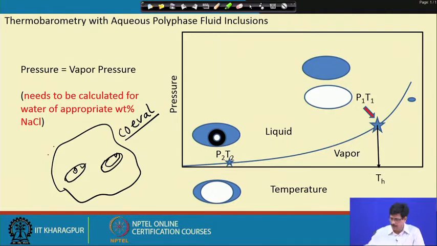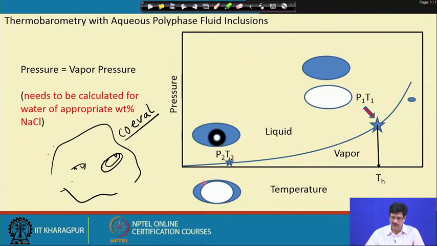So, in this case, the first inclusion here, the liquid rich inclusion with a small vapor bubble, will homogenize as we have discussed before, the homogenization behavior of a liquid plus vapor inclusion which homogenizes L plus V to L. So, this will homogenize into the liquid phase.